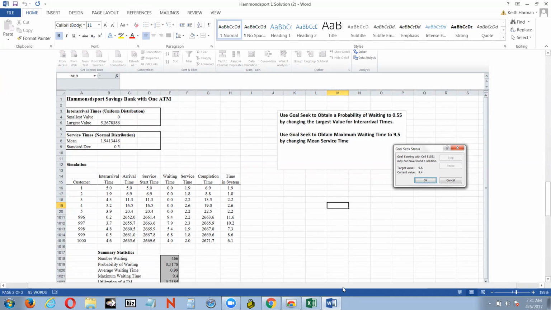And that's C1021, the max waiting time. I'm very close to my target there. The target value is 9.5. And the mean is 1.9413446. I ran this a few times to get this.